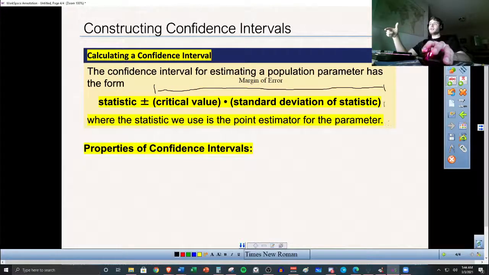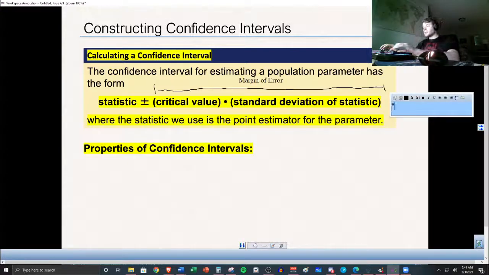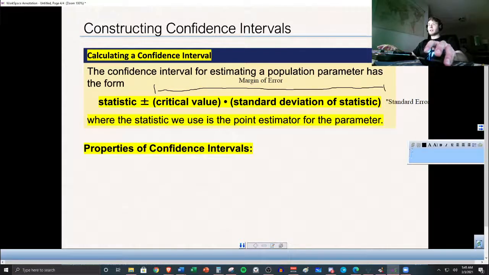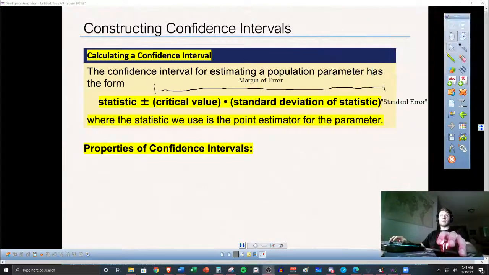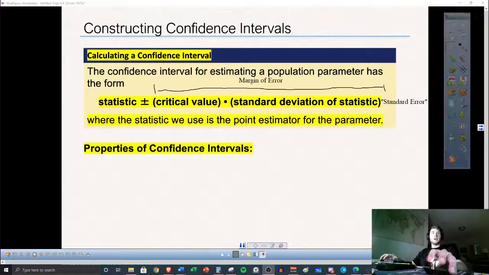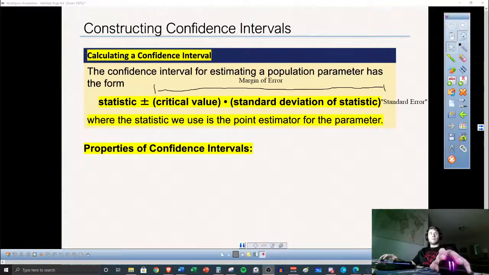Now I'd like you to add this to the side here, you're also going to see this as what's called standard error. And I think that in the formula sheet, especially if I'm thinking AP students, you will see this called standard error. Okay, so I'm going to pause and let you guys write what you need to from here. Let me move my camera down. So I'm going to pause and let y'all write that.